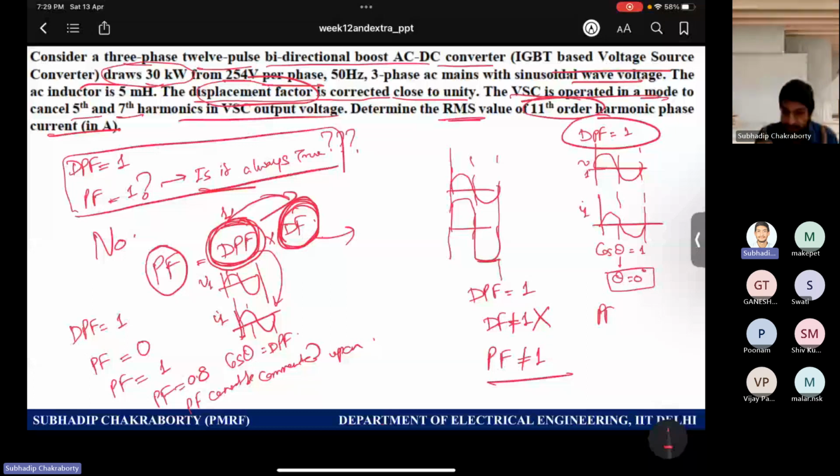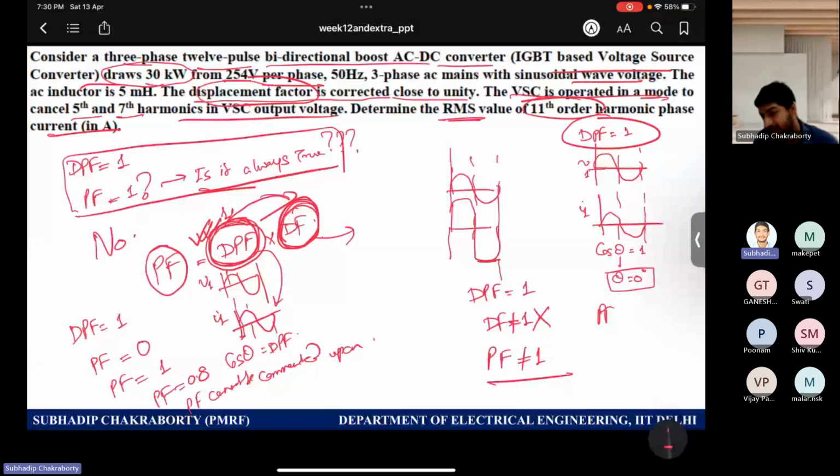And I told you that power transfer, whether active or reactive, will happen only because of the fundamental component of the voltage and current. Here the voltage does not have any distortion; I'm talking about the supply voltage, not the inverter voltage. So if the supply current has some distortion, then for those harmonic currents no power transfer will happen. Only for the fundamental of the supply voltage and the fundamental of the supply current will active power transfer happen. Up to this, does anyone have any doubt?